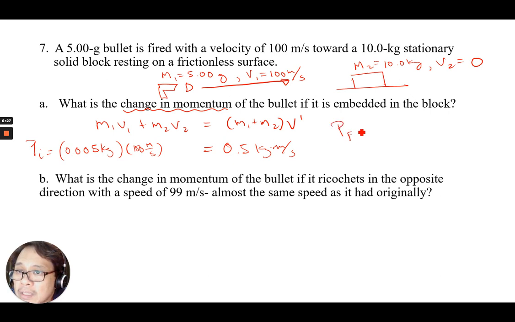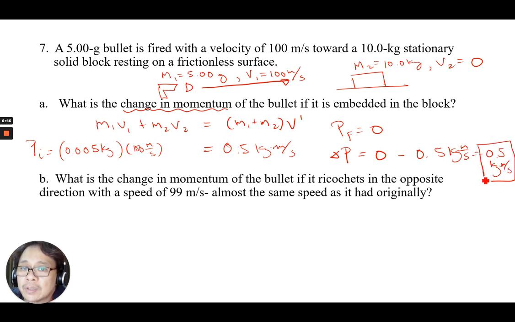But the P final is equal to 0. So the change in momentum is equal to P final minus the initial 0.5 kilogram meter per second. So negative 0.5 kilogram meter per second.